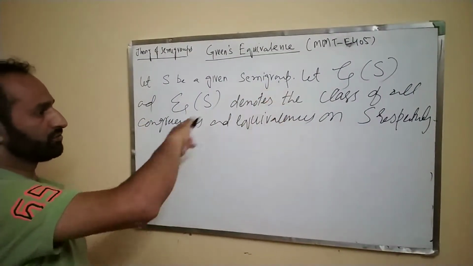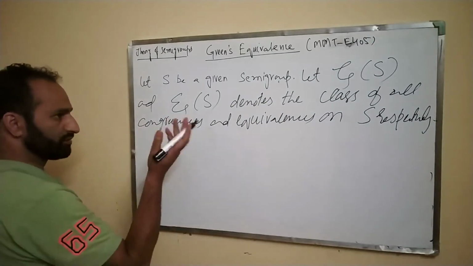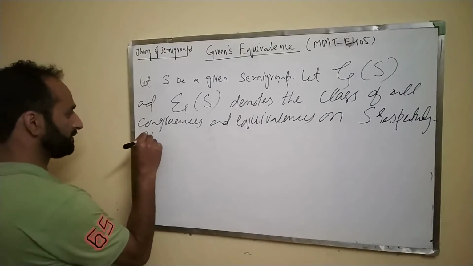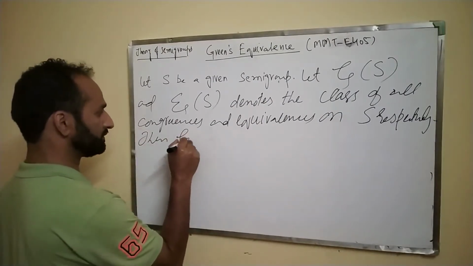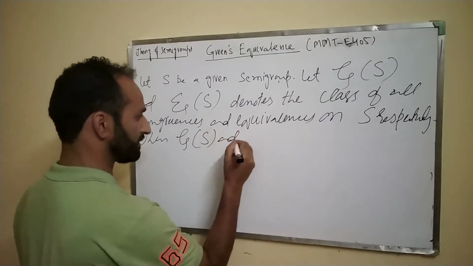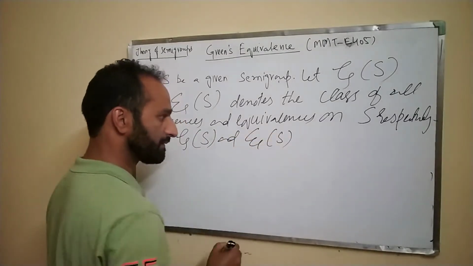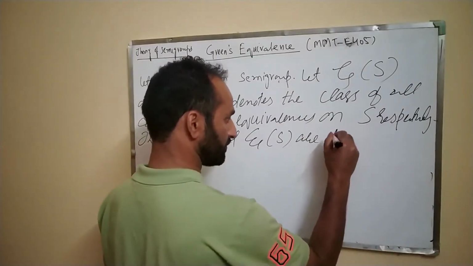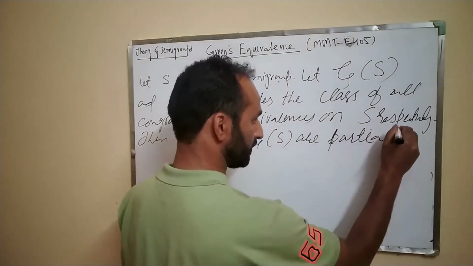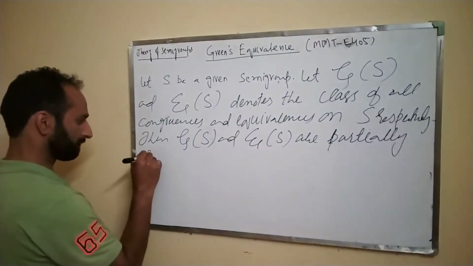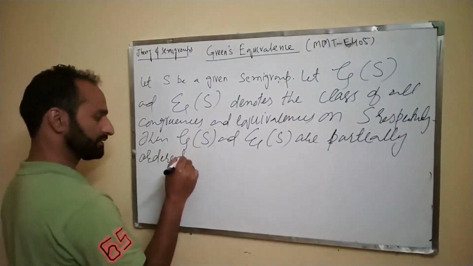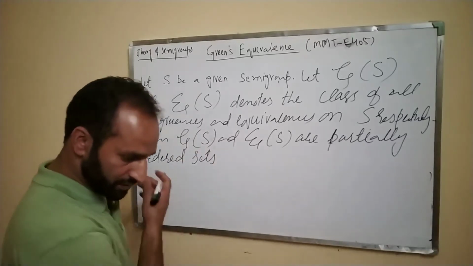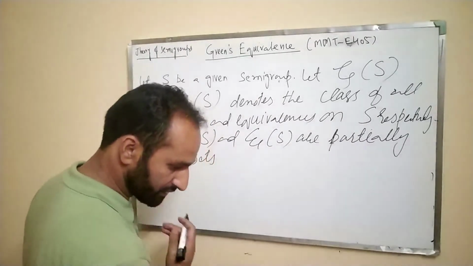Then these two collections are partially ordered sets. You can easily verify that cursive C of S and cursive E of S are partially ordered sets with respect to the inclusion relation.